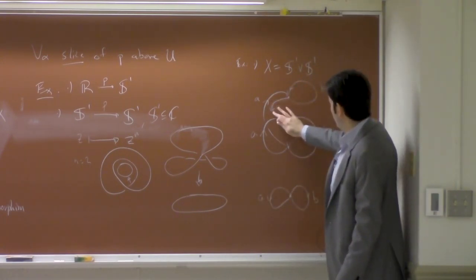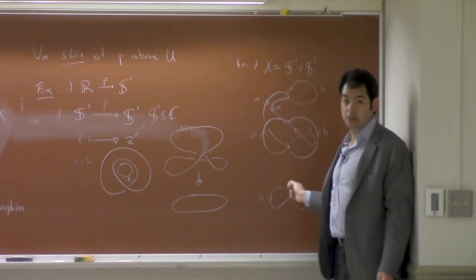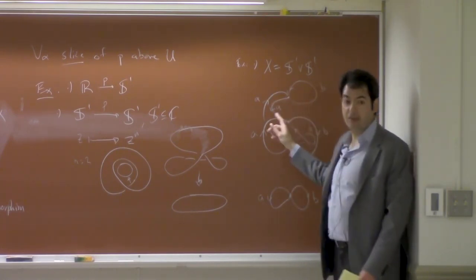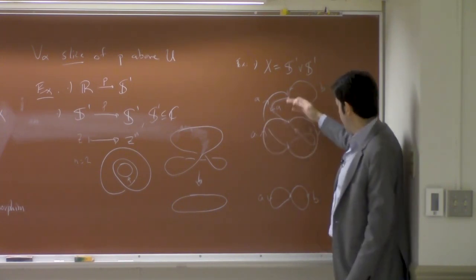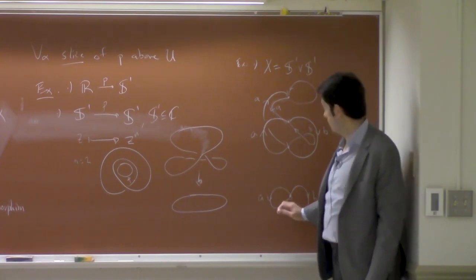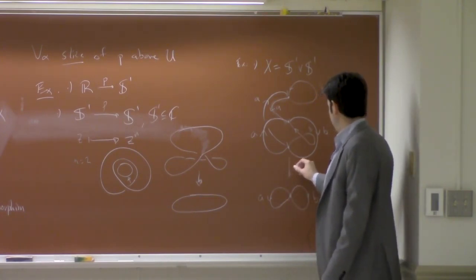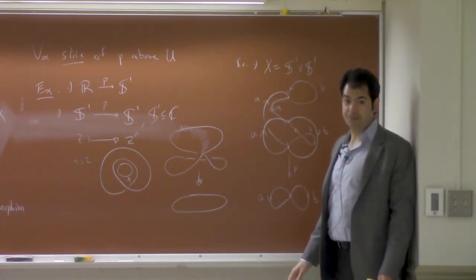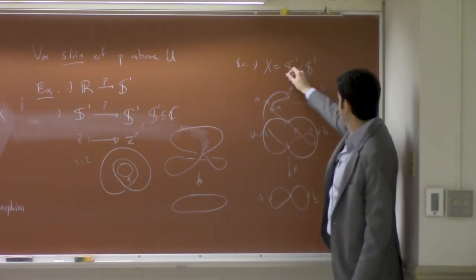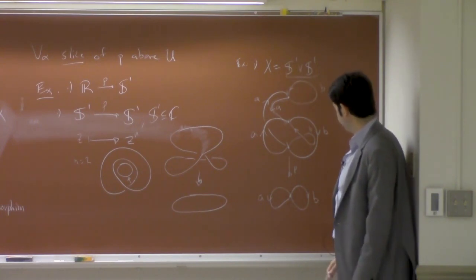Okay, so we ended up with this graph up here, and of course in this graph these lines are not identified. I've just labeled them with the loop that they map to downstairs, right? And the projection is the obvious map down. So that's an example of a covering space for this bouquet of two circles.